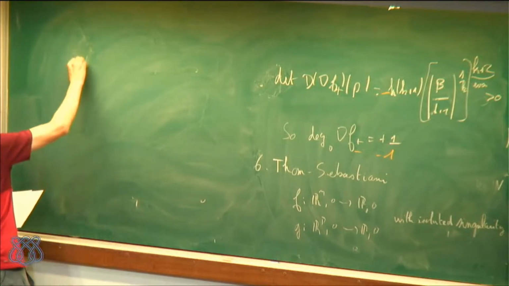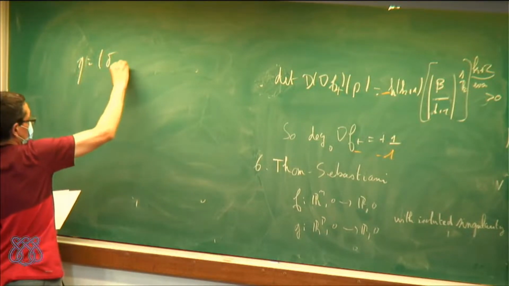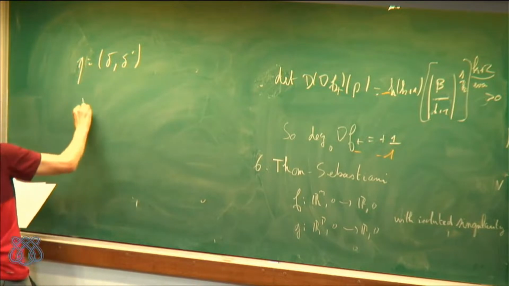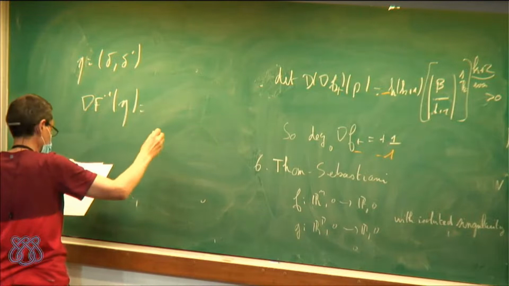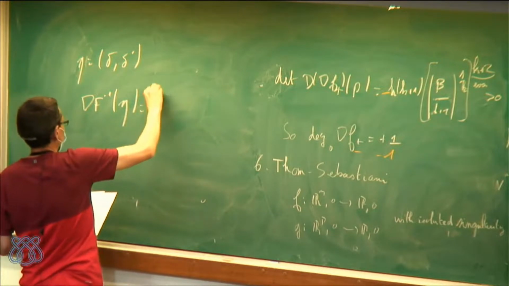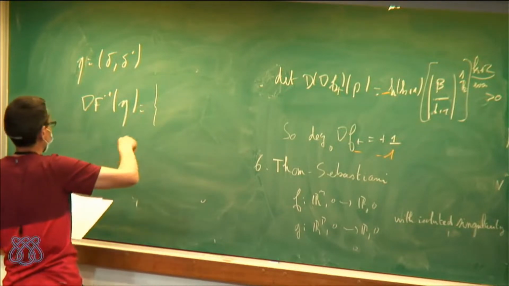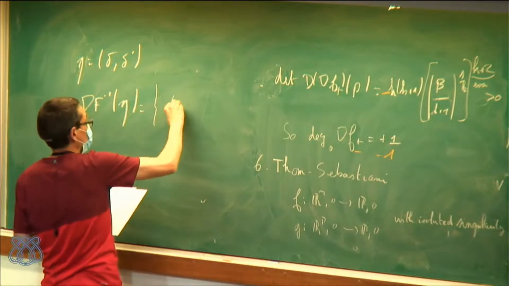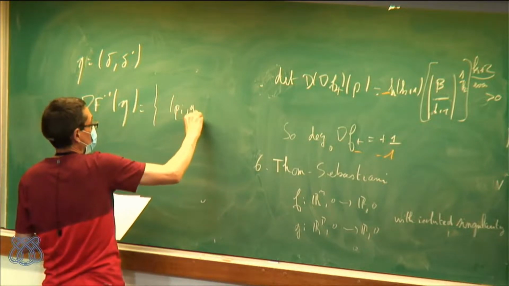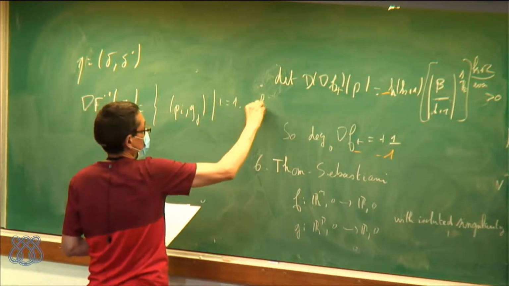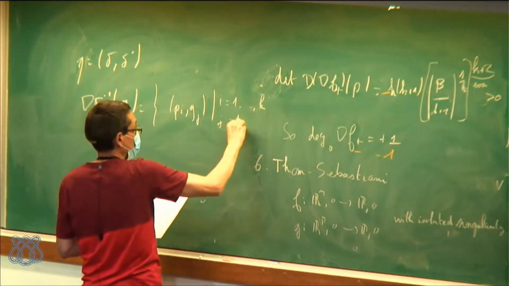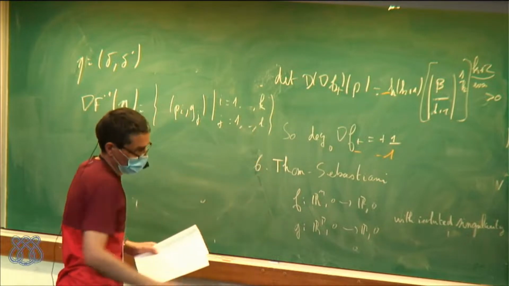I put theta for delta, delta prime. So the pre-images of theta by the gradient of capital F are Pi, Qj for i from 1 to k, j from 1 to L. That's it.